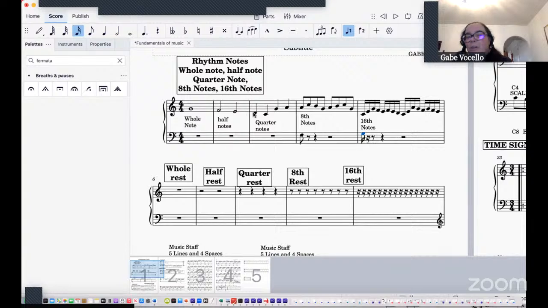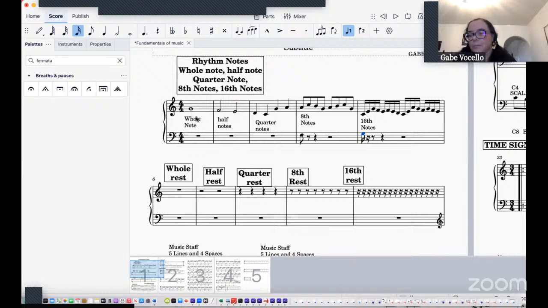Why can't I connect the quarter notes? Because quarter notes do not have colchetes or flags. Just the closed circle with the stem. A half note is an open circle with the stem. A whole note is just the circle.